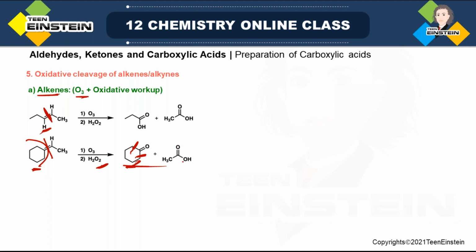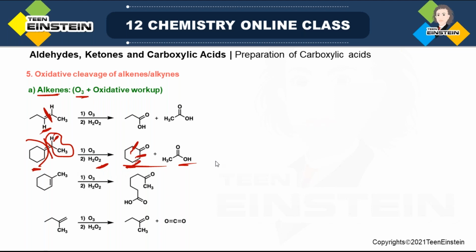So you will not get carboxylic acid from this part, but from the other part it is an aldehyde because you have one H, and that aldehyde can become carboxylic acid. Okay. Then the cyclohexene derivative, here we have one hydrogen. As it is cyclic, when you break it, you get COCH3.